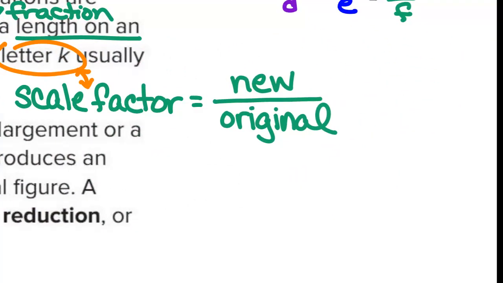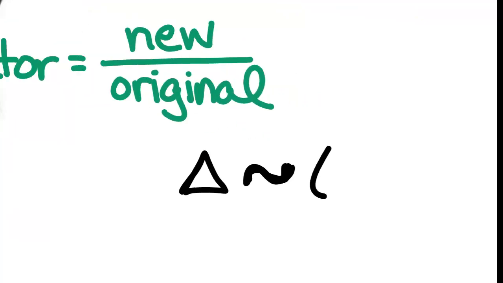A dilation will produce shapes. In this case, we had two triangles up there that are similar. That little squiggle there means similar.